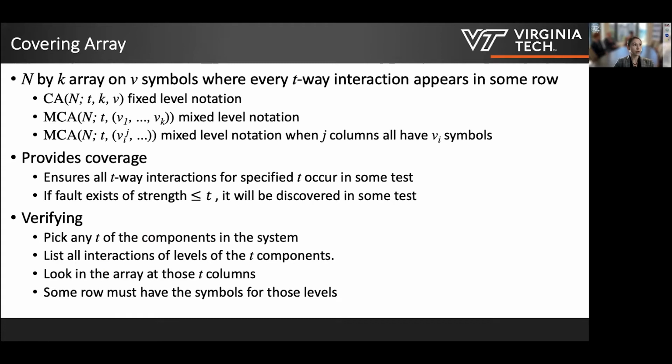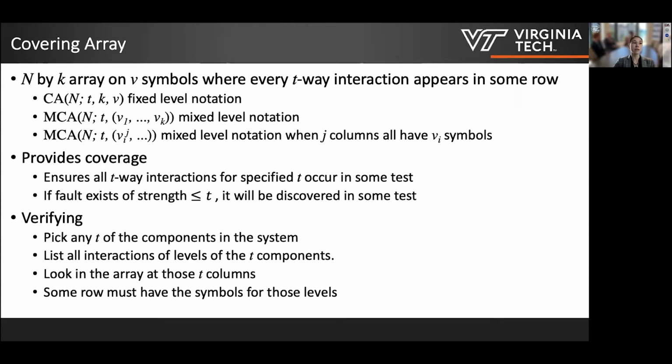So a covering array is an n by k array on V symbols where every T-way interaction appears in some row. So the notation we use is CA for covering array, and then we give the number of rows in the array, and then we give the parameters T for the strength, k for the number of components, and v for the symbols. And we have fixed level factors.